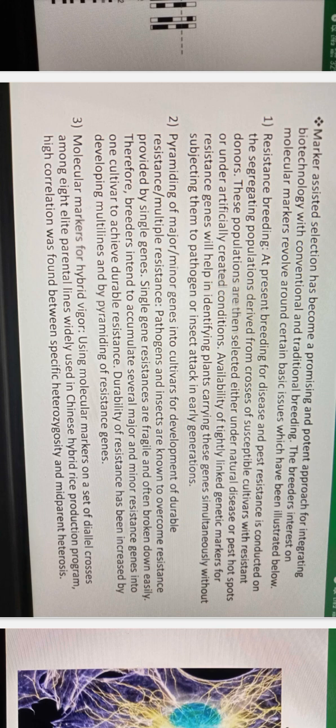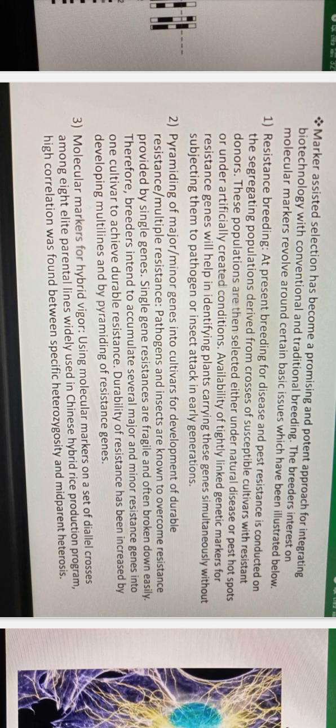These populations are then selected either under natural disease or pest hotspots. Markers linked to resistance genes will help in identifying plants carrying these genes, almost without subjecting them to pathogen or insect attack in early generations. Then, pyramiding of major or minor genes into cultivars for development of durable resistance or multiple resistance.